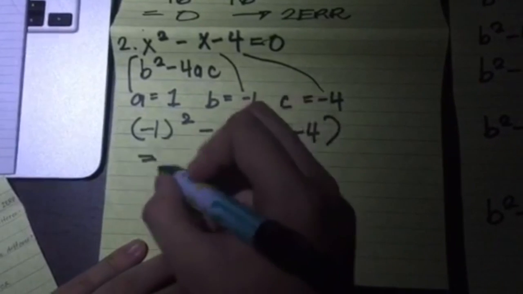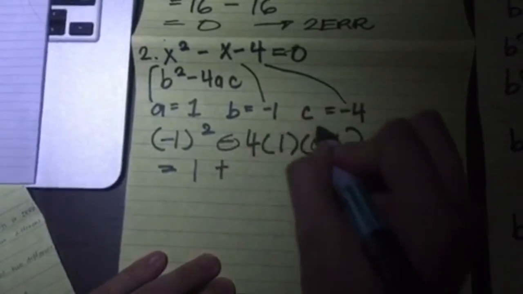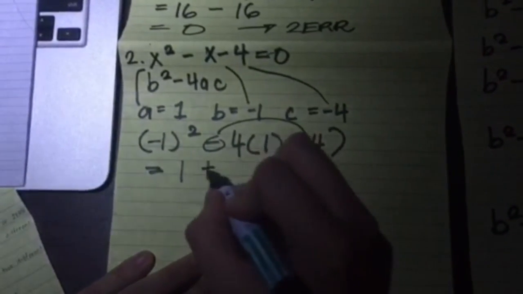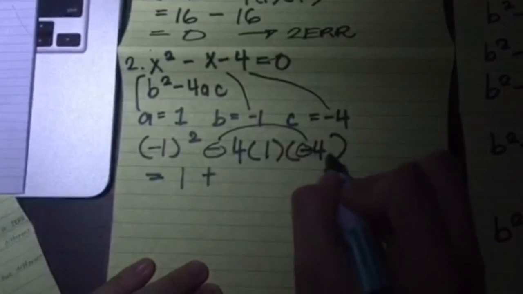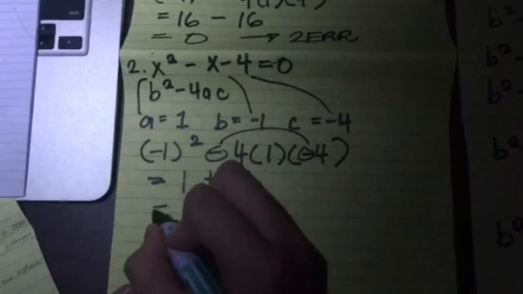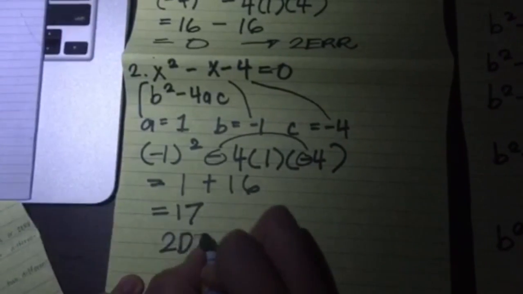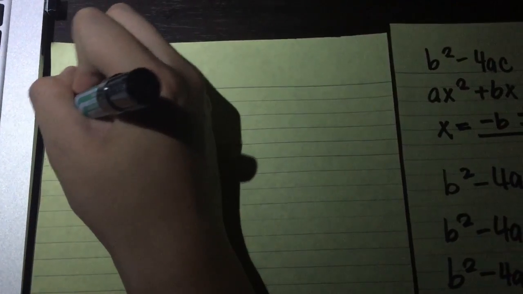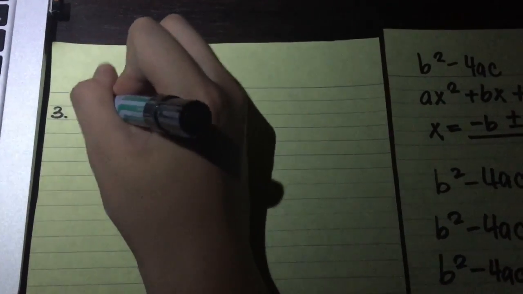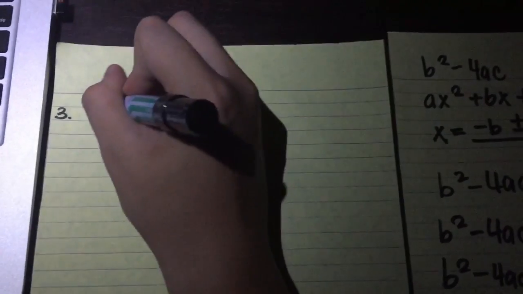Negative 1 squared is 1 plus, because of the negative sign it becomes positive, 4 times 4 is 16. 1 plus 16 is 17. Therefore, it's 2DIR.